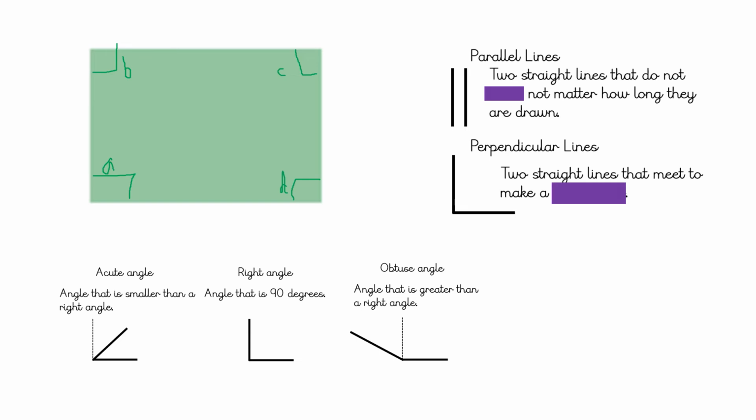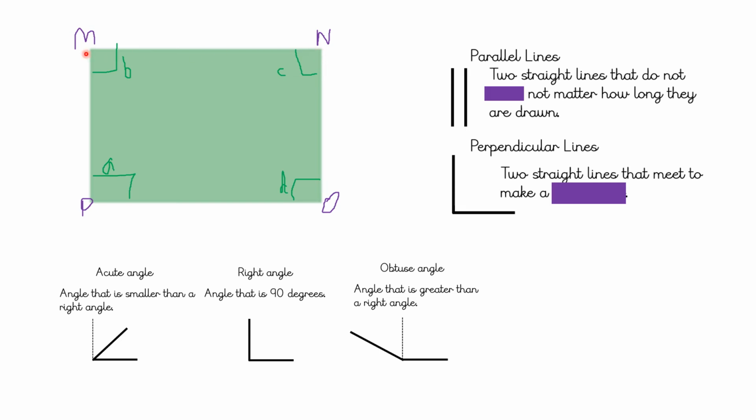Now I'm going to label the sides so I can describe the lines. Can you spot any parallel lines? Correct. The same as before, we have 2 sets of parallel lines. What about perpendicular lines?